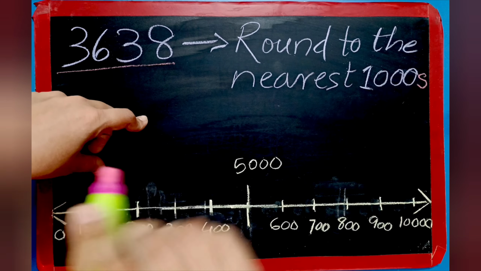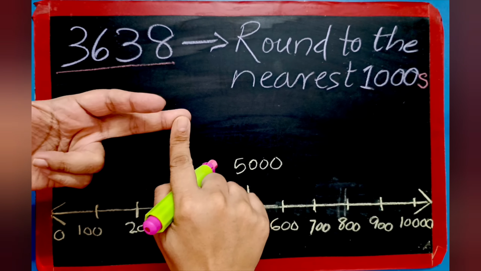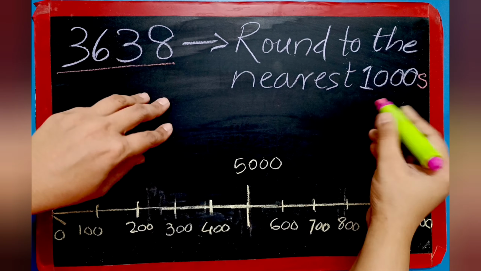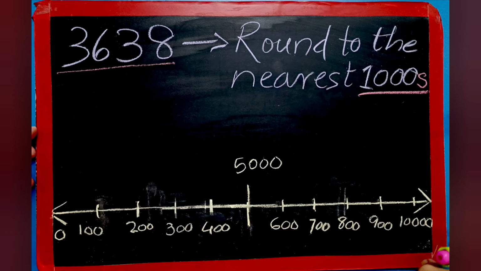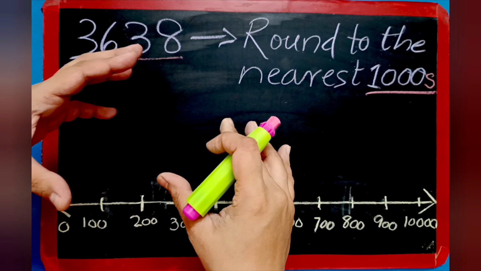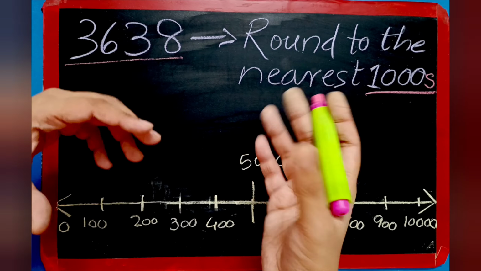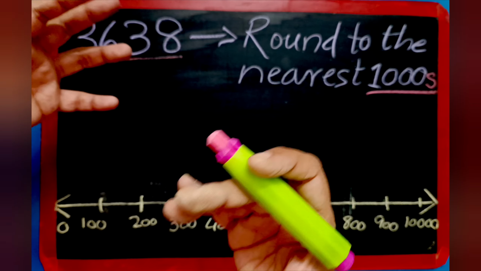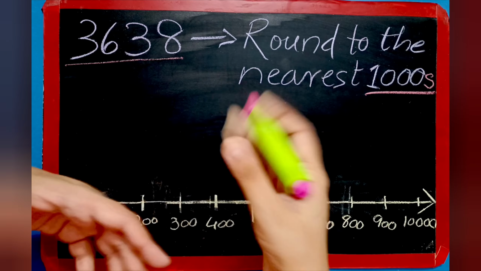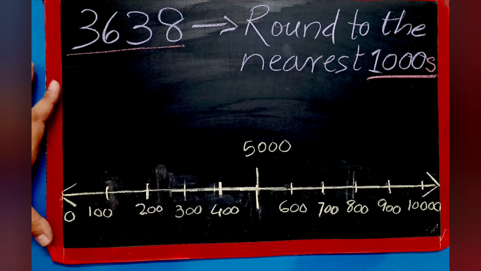To the nearest thousands, we have done to the nearest tens, to the nearest hundreds, and now we have to do it to the nearest thousands. As we had the number line in the tens, then we made it the number line of hundreds, and now we are going to convert it into thousands.